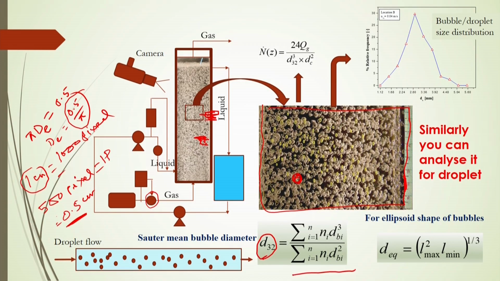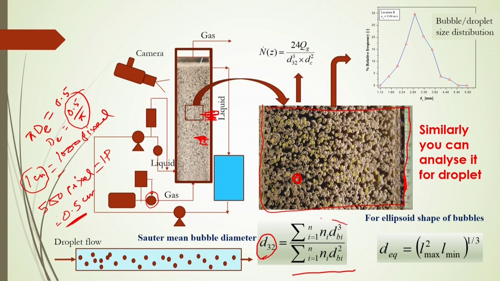It is defined as the summation of Ni dBi cube divided by the summation of Ni dBi square. Here dBi means the ith bubble diameter, the equivalent diameter of that individual bubble. If you consider, suppose, 200 bubbles, then for each of the 200 bubbles you have to measure the perimeter, then the equivalent diameter, and then get the cube and square of that equivalent diameter.